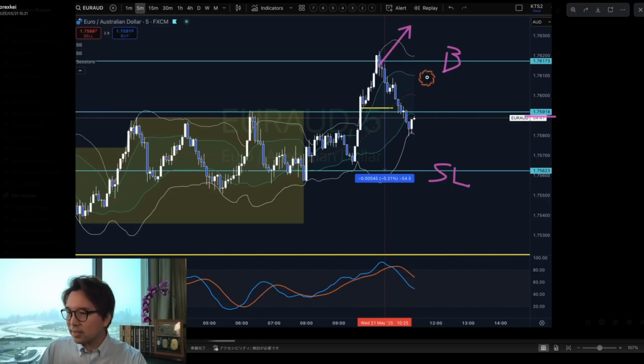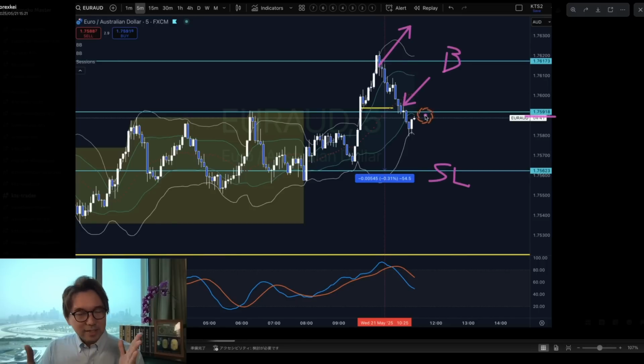So I exited on this candlestick over here, and that's how I took the loss on this particular Euro AUD trade. So losses do happen, but losses are okay as long as they are manageable, and as long as you cut the losses in a logical way.